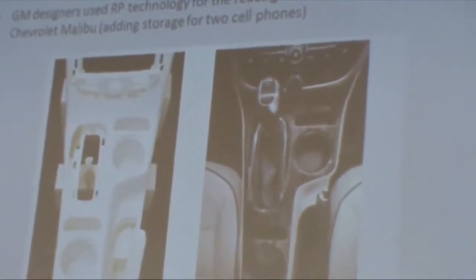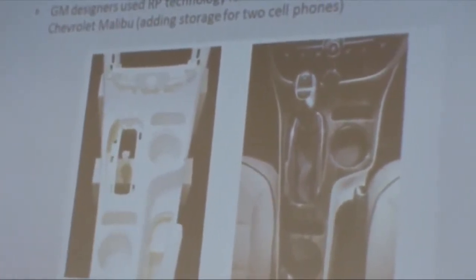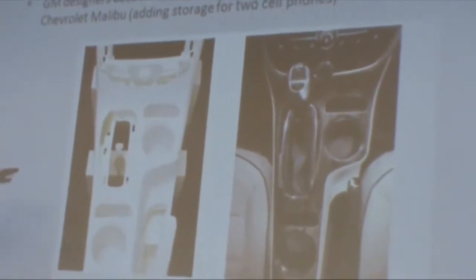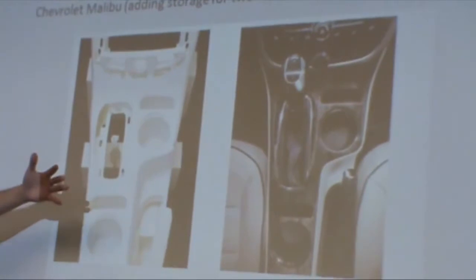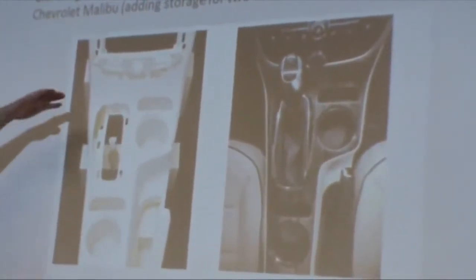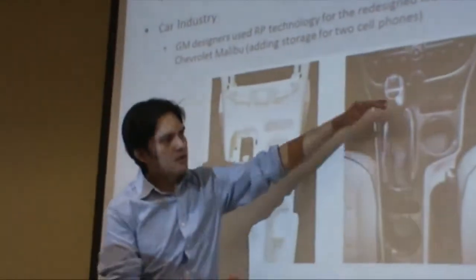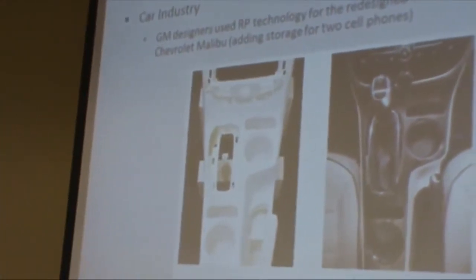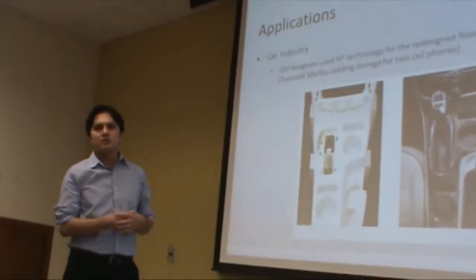So they added 2 slots to the console, and they think it's probably a good idea. They have customers or other people come in to test it, to see if the position works well. So they do some iteration on this product and see how it works. And what's shown here is the final console in the real car that they created after this was verified by the people in the company.